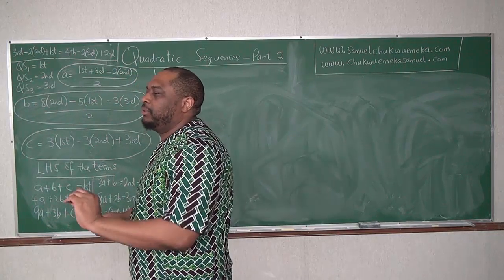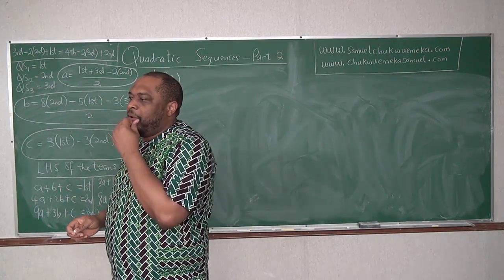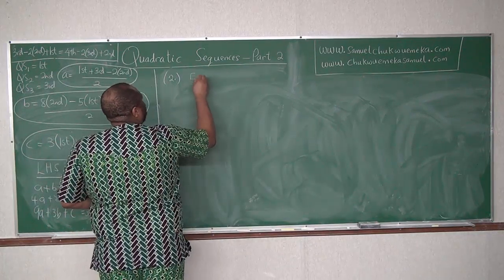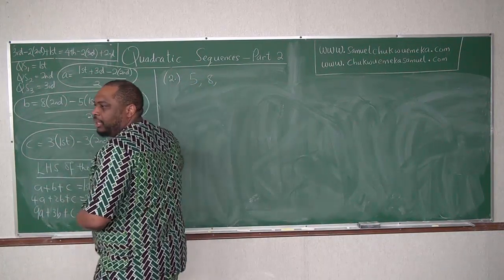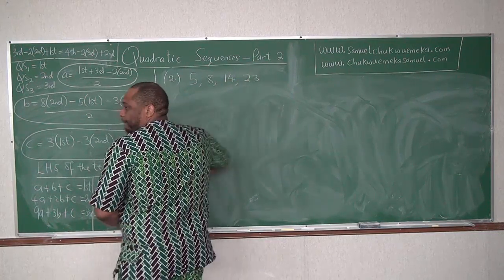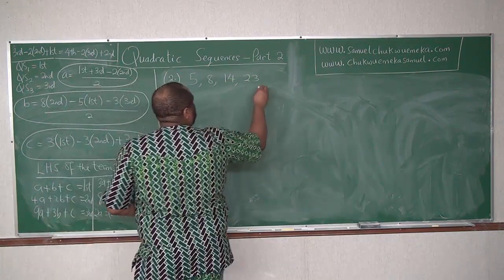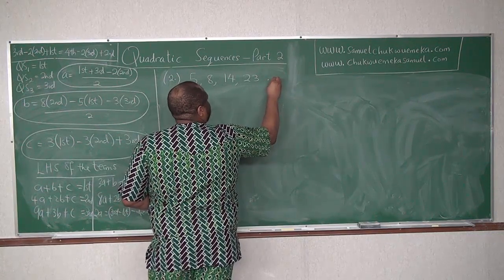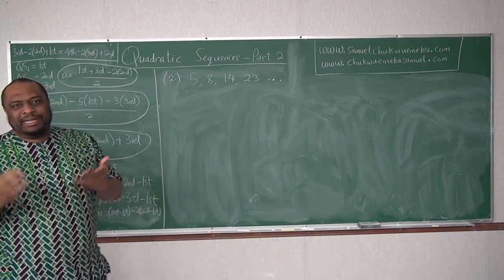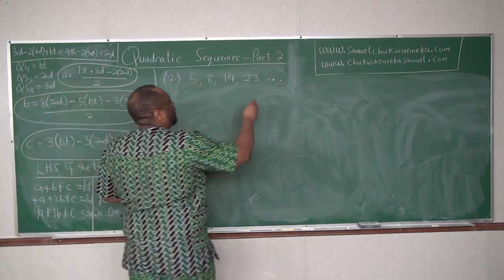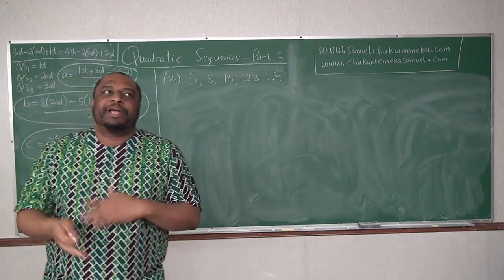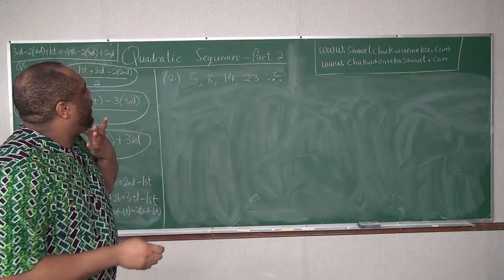We have 5, 8, 14, 23. So they just want us to find the next term. Let the next term be C. Let it be C or P or K, anything you want to call it.